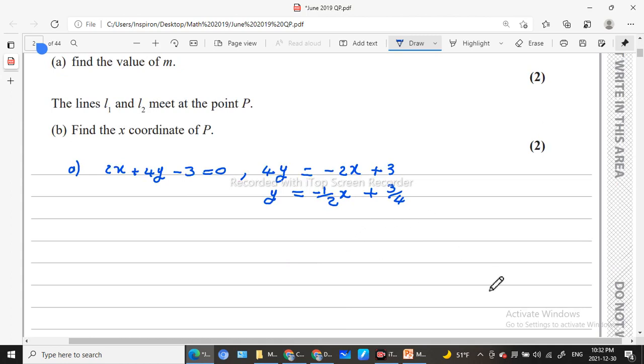Now comparing this equation with the general form of the equation for a straight line, y equals mx plus b, where m is the slope and b is the y-intercept. So m1 equals minus half.